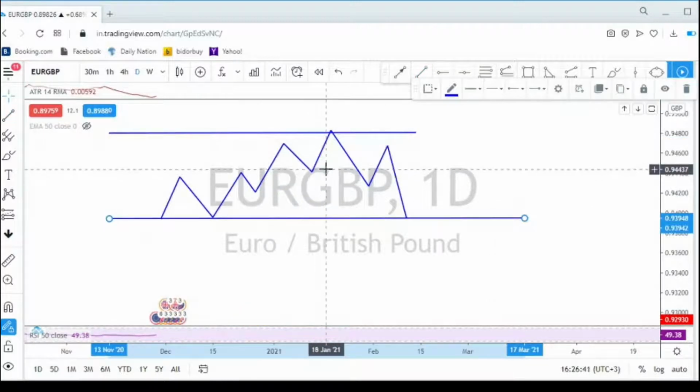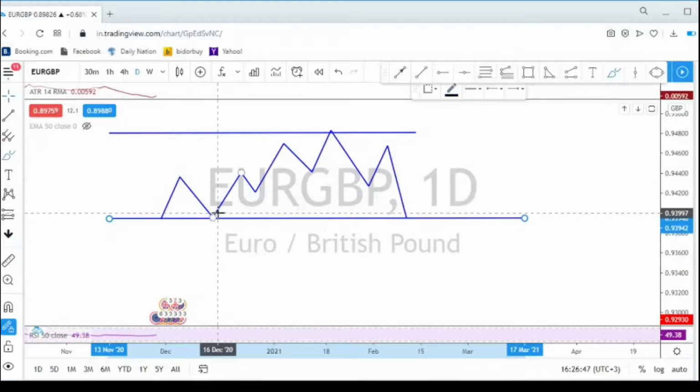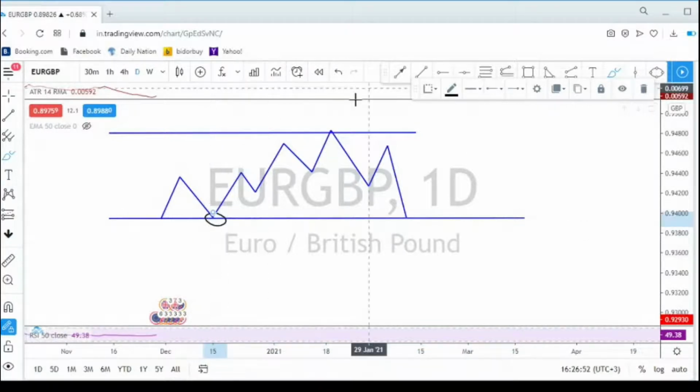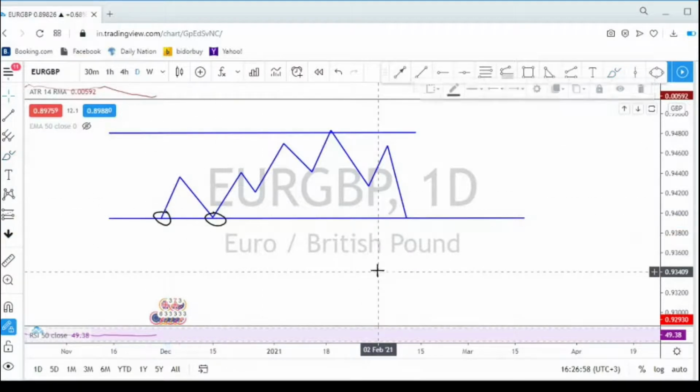from here. What do you expect when the market comes back to this support level? We've seen that this level was tested here as support, and this level was tested here as support. So this becomes a level of structure that has been tested multiple times.